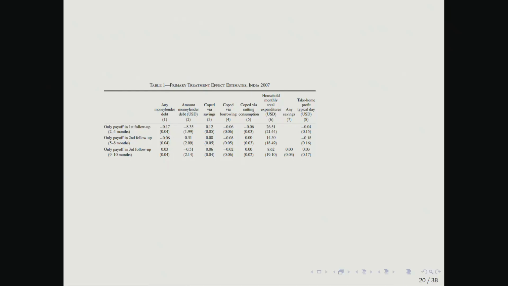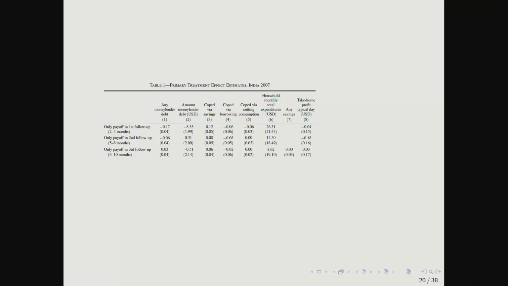So these are the first few numbers with buyout only, where you can see that at 2-4 months they are less likely to have moneylender debt. At 5 to 8 months, that's gone, and it's then durably gone.